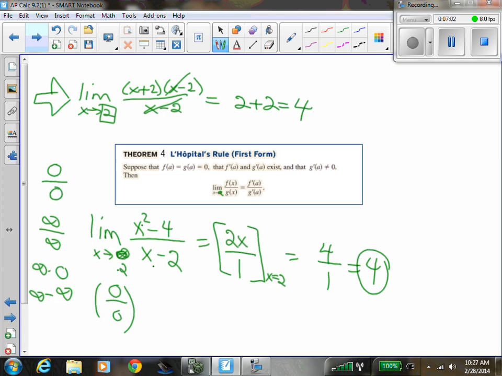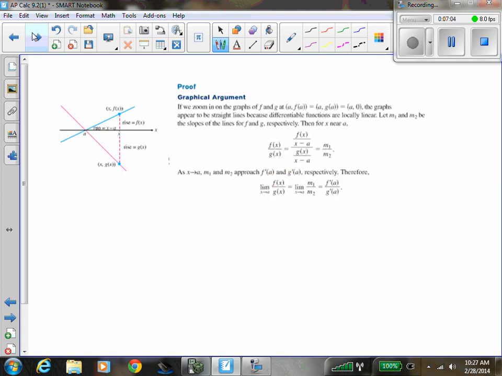Now, let's look at this next one for a minute. What we're going to do here is we're going to prove L'Hopital's rule based on a graphical argument. All right, so it says if we zoom in on the graphs of f of x and g of x at the point A, f of a. So right here, this is the point A, f of a, and remember that f of a is equal to g of a.